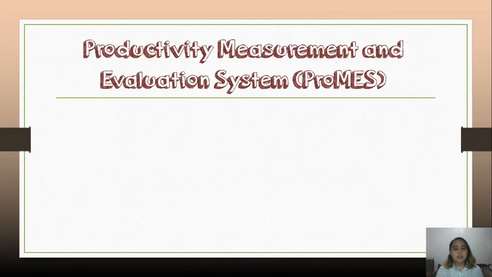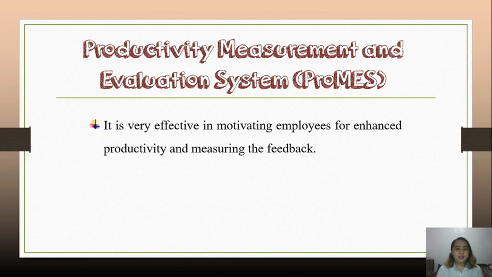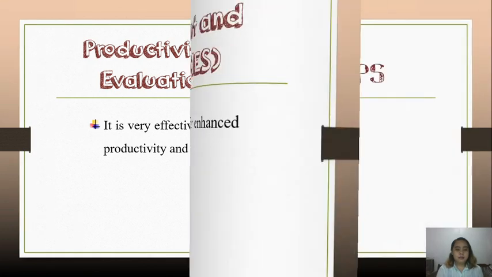So next is the productivity measurement and evaluation system or PROMES. It is very effective in motivating employees for enhanced productivity and measuring the feedback. The goal of PROMES is to motivate the employee to a higher level of productivity.